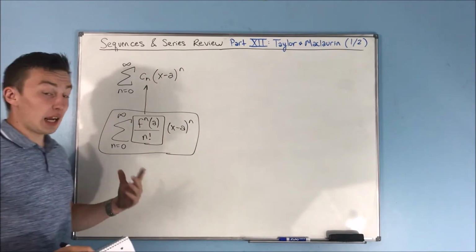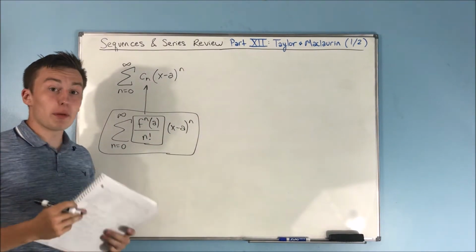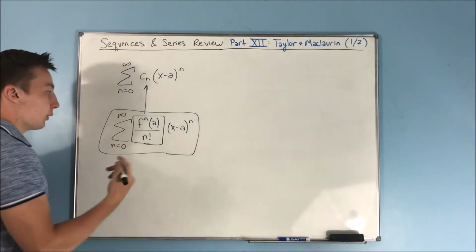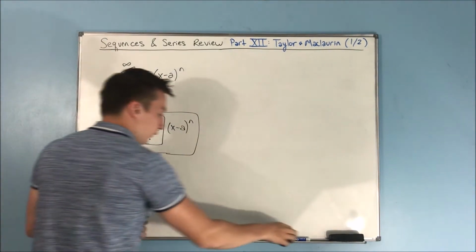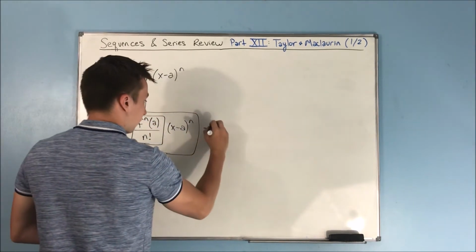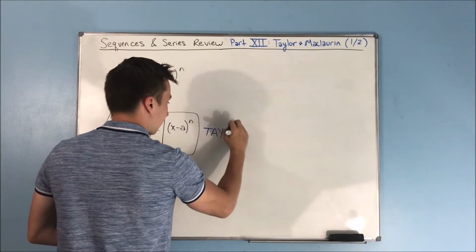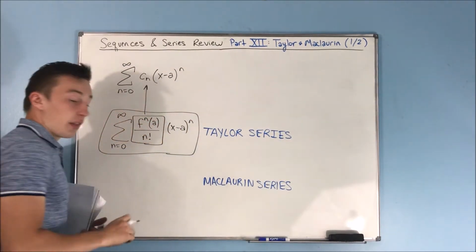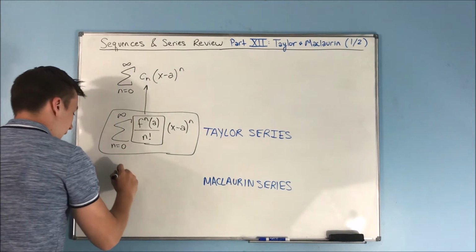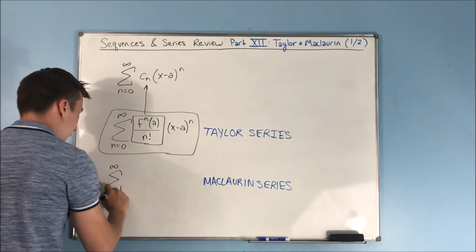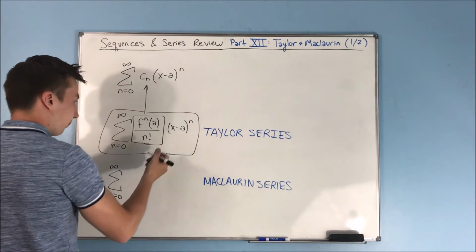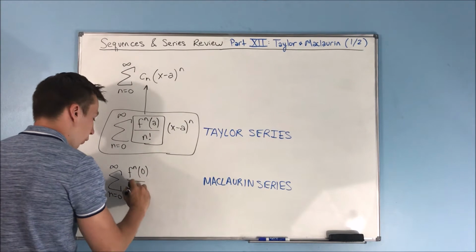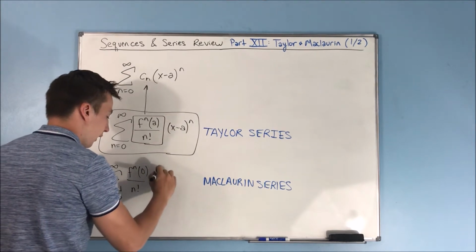And how do you get the Maclaurin series from there? Well, the Maclaurin series is just a special case of the Taylor series when a is equal to 0. So the Maclaurin series is the sum from n equals 0 to infinity of the nth derivative of f at 0 over n factorial times x to the nth power.